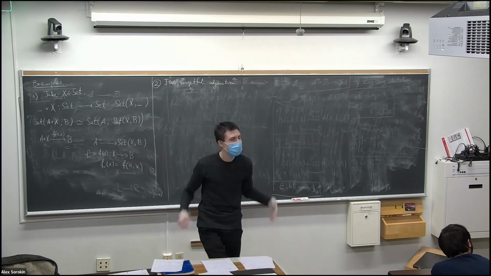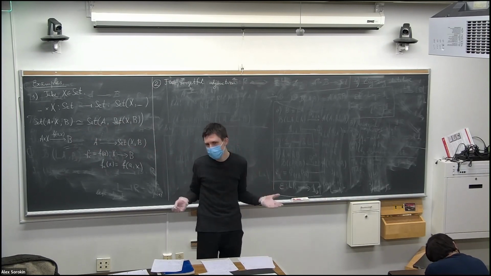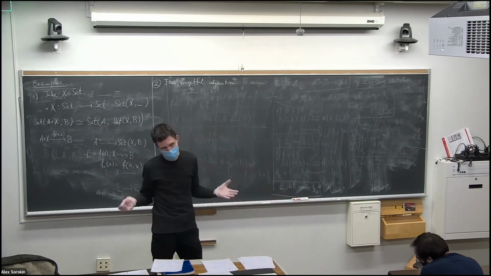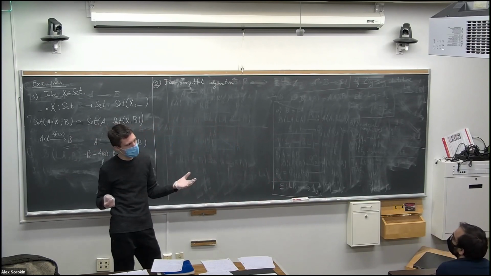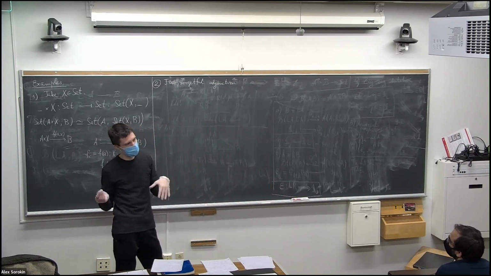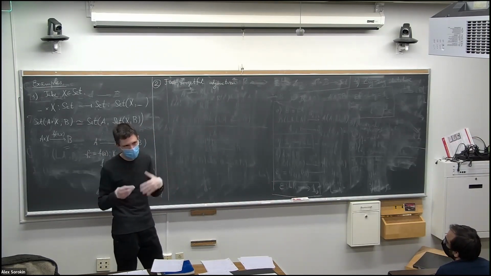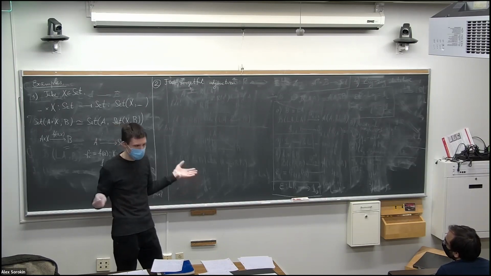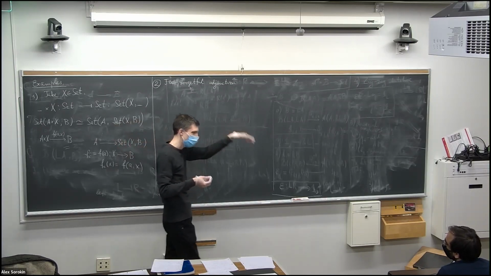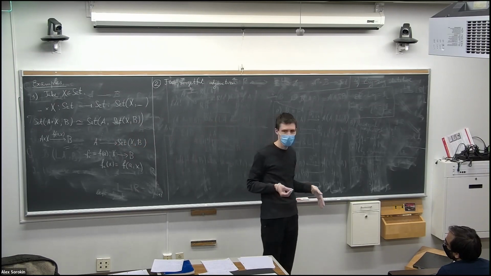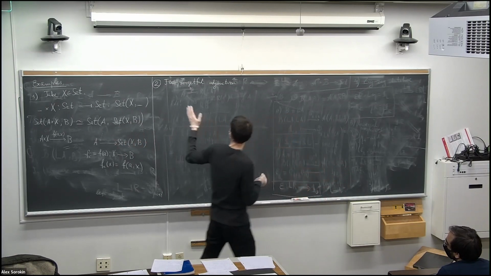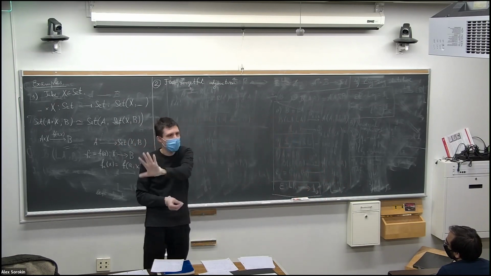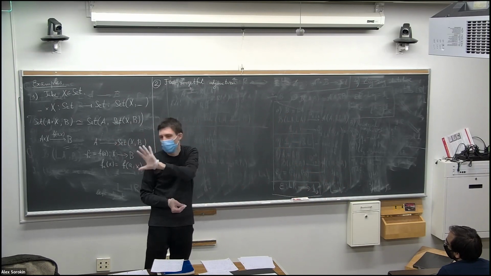So it's a paradigm. It's not something fixed, because you can have lambda modules, and you want to forget this left or right lambda structure, and you want to get the Abelian group. Right. If you have a topological space, you can forget the topology and get just a set.